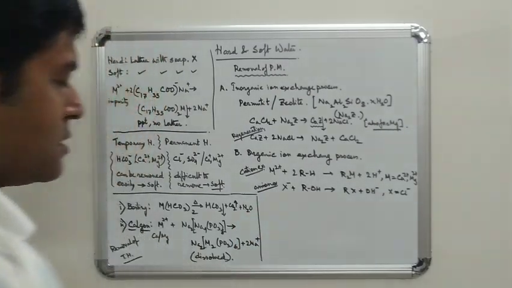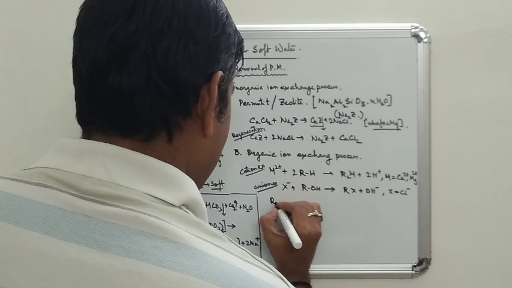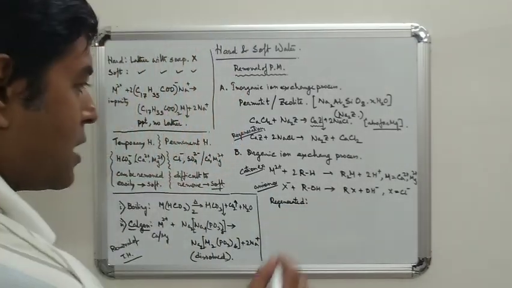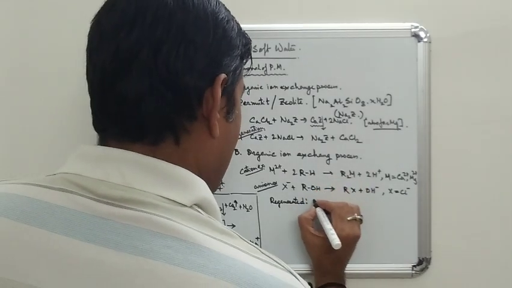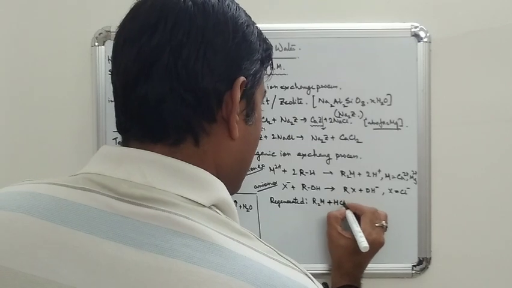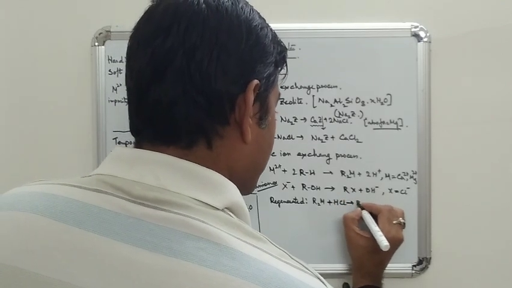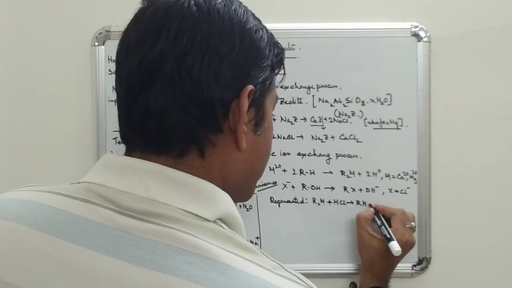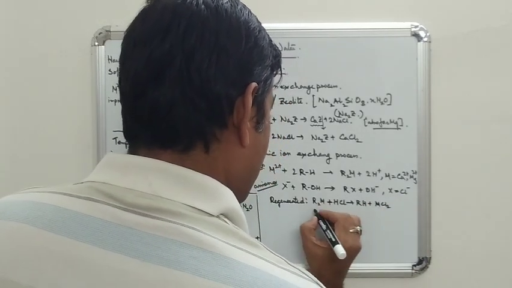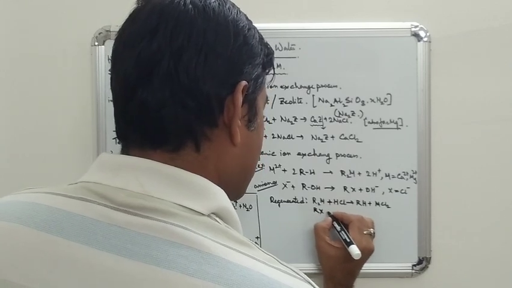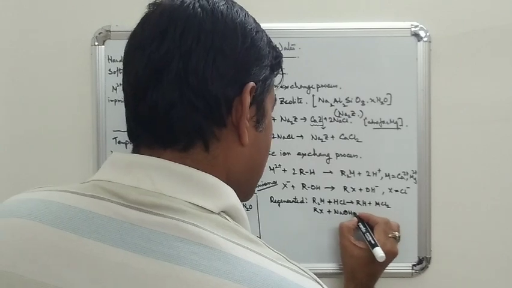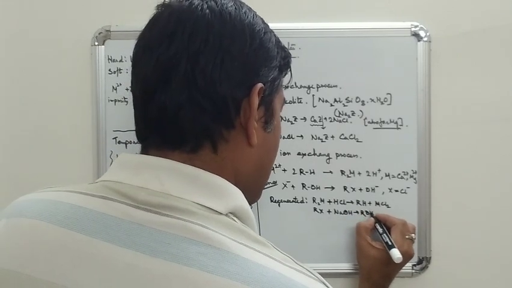After ion exchange, the resin can be regenerated. The cation exchanger can be regenerated with the application of acid, which will form this and MCl2, whereas the anion exchanger resin on reaction with base will react in this way.